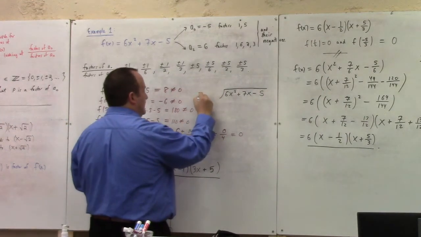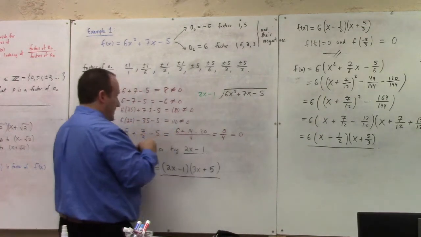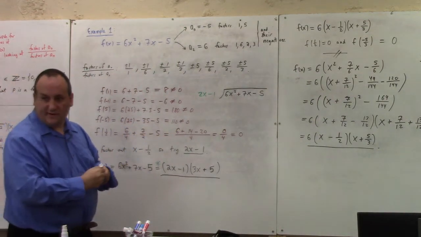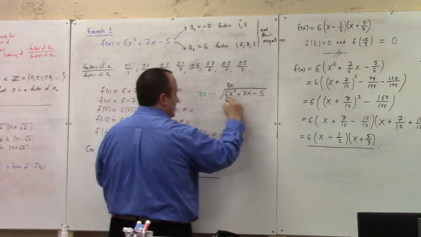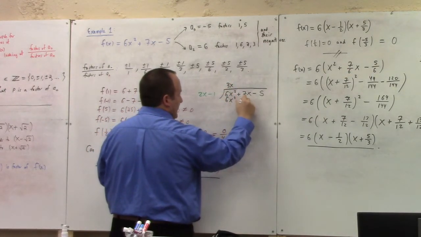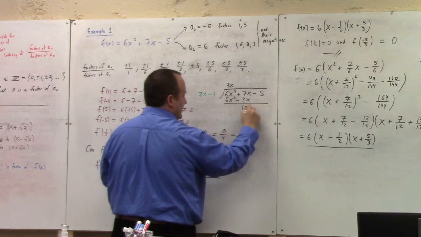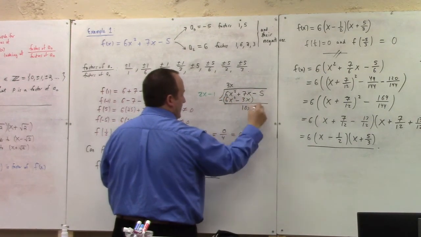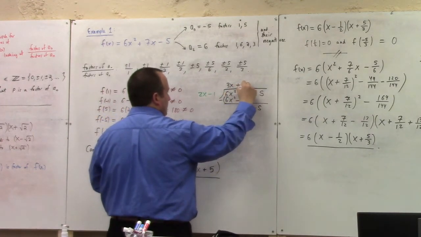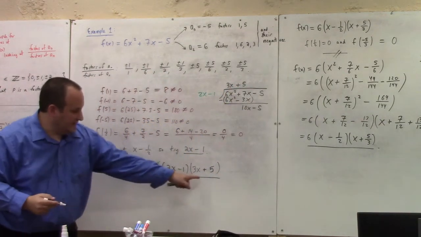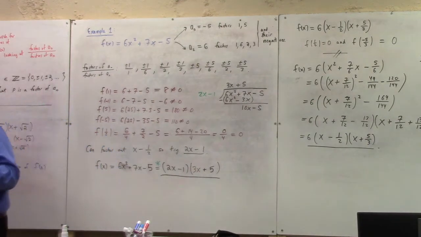So if I put 2x minus 1 here, then I'm forced to put 3x, which gives me 6x squared minus 3x. You subtract, you get 10x minus 5. So that forces you to put plus 5, which of course is exactly what we found the other way. So you're right, we could do it that way also.